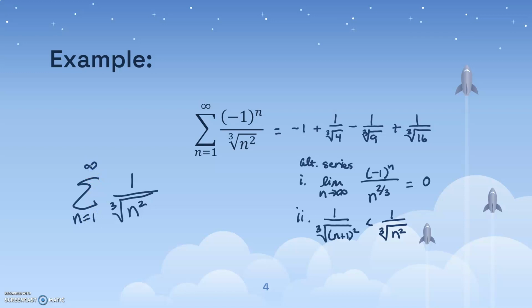It's the same series except that it's not alternating, so this would be 1 plus 1 over the cube root of 4 plus 1 over the cube root of 9, etc. But this series diverges by the p-series test because p is equal to 2/3. And so we have the alternating series converges, but if it's the same series but not alternating, it diverges. And so this series is conditionally convergent.